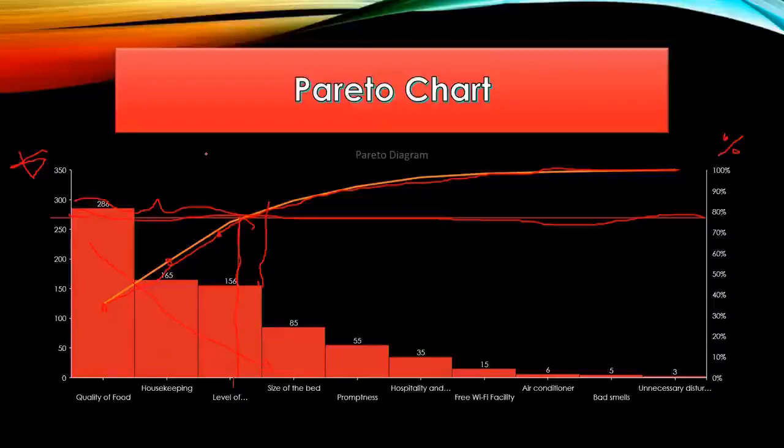What are the root causes for poor level of housekeeping? What are the root causes for poor level of room comfortability? With this, you know the main dissatisfied reasons. It is not enough. By giving answers for those three factors, you can convert 80% of dissatisfied customers to satisfied customers.